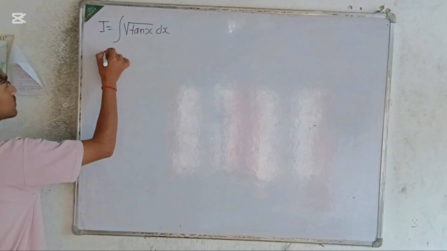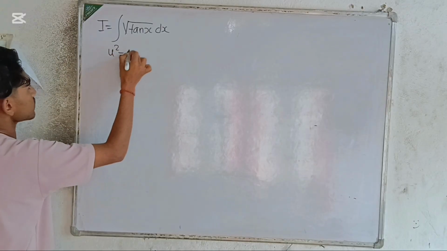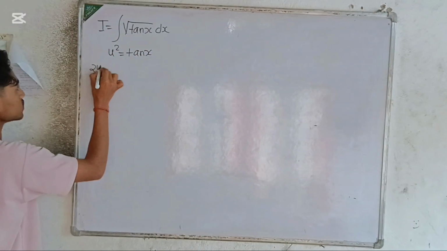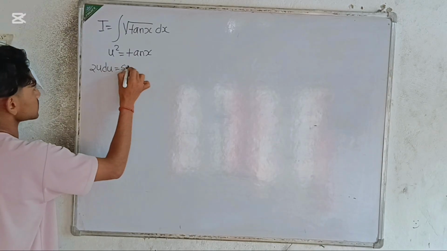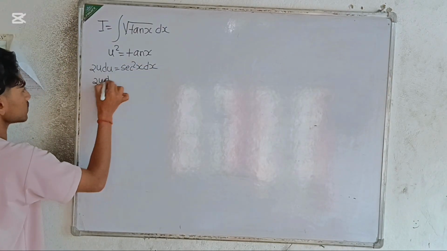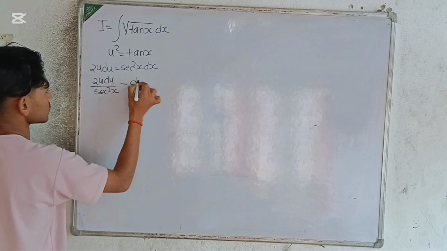Let's put u squared as our tan x, right? And so we get 2u du as secant square x dx, and 2u du over secant square x becomes our dx.